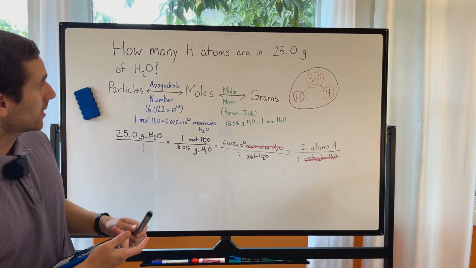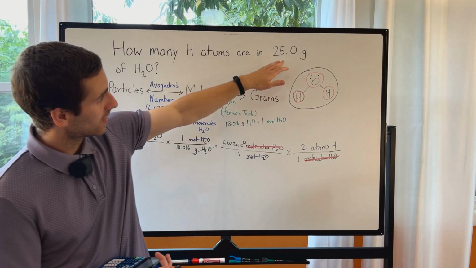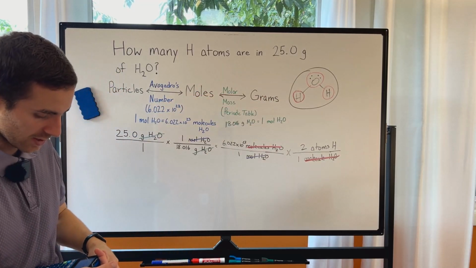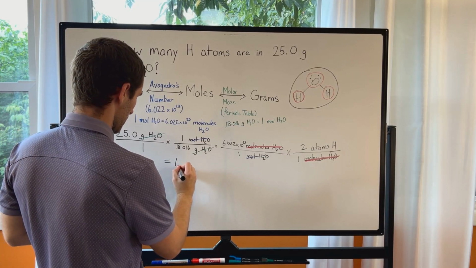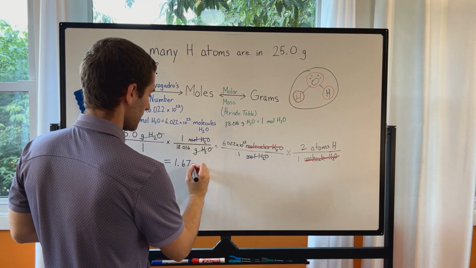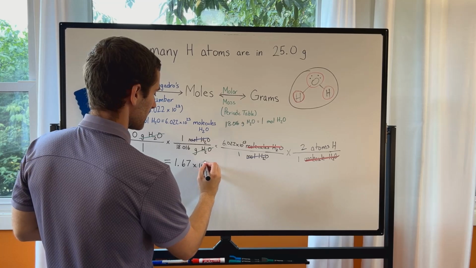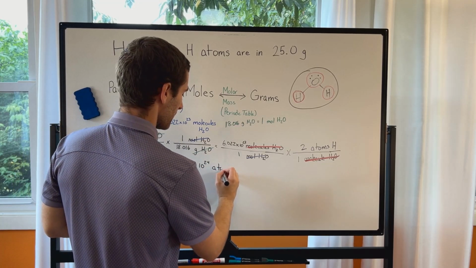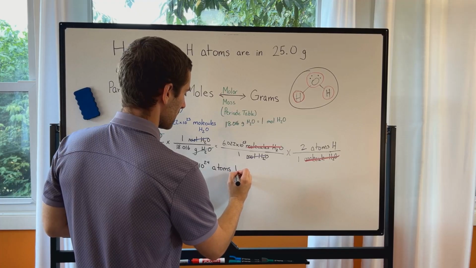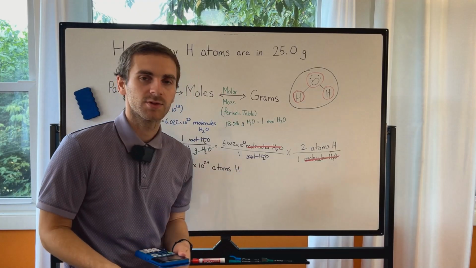And we're going to keep 3 significant figures because that was how many were in the starting number. So that's going to give us 1.67 times 10 to the 24th atoms of hydrogen.